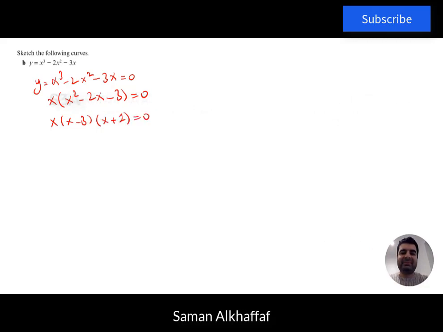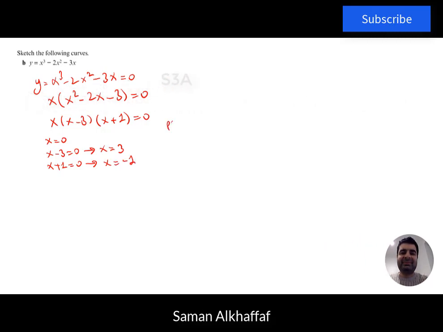So here we can see that we will have 3 points where it crosses the x-axis. The first one will be x equal to 0. The second, when x minus 3 is equated to 0, we'll have x equal to 3. And when x plus 1 is equal to 0, we would have x equal to minus 1.